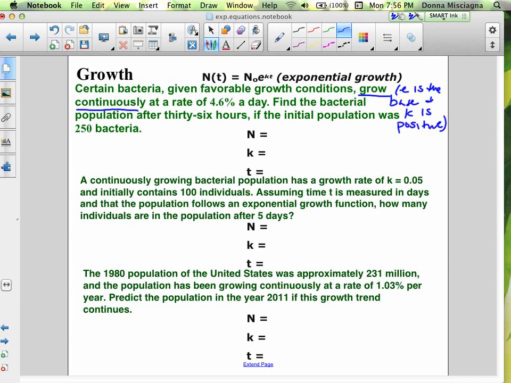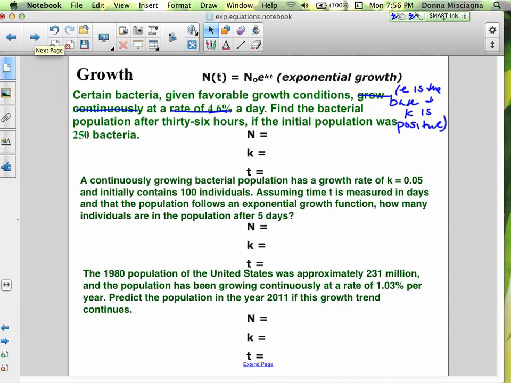The e is because it's continuous. K is positive because it's growth. At a rate of 4.6% a day, there's our percent. That's what we're growing. Rate of 4.6%. All right, so that's our k.